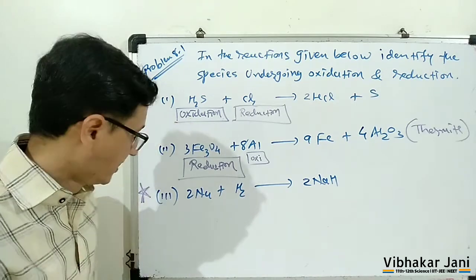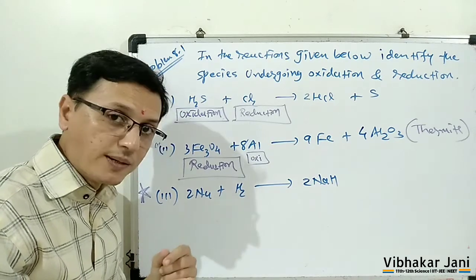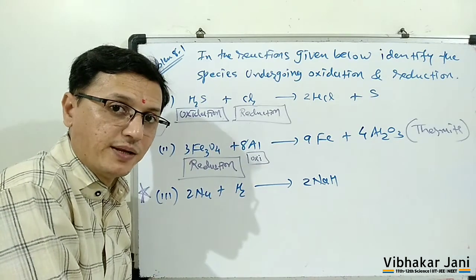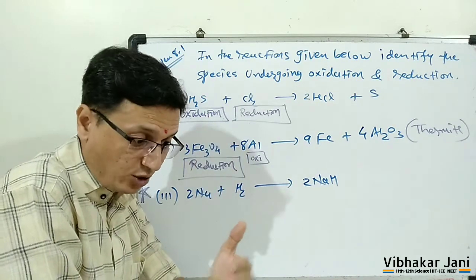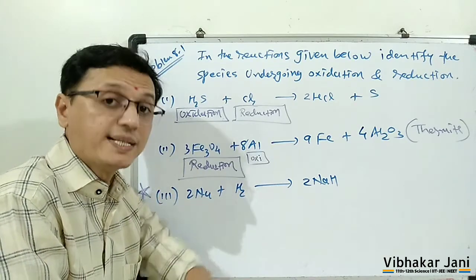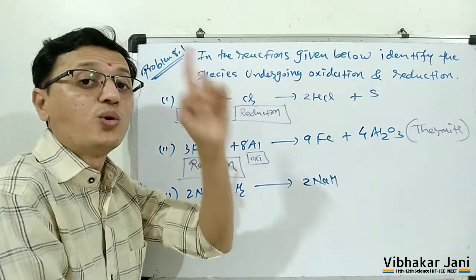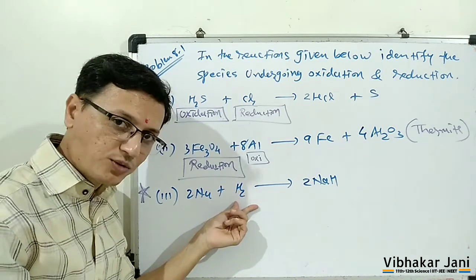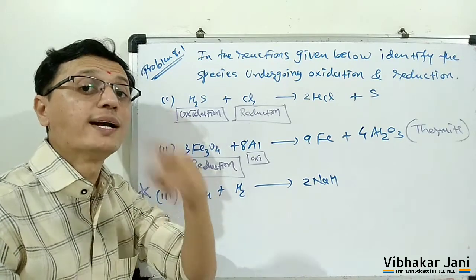Why? Because sodium is a metal, and hydrogen is having a disputed place in the periodic table. Third chapter. So hydrogen can act as an electronegative as well as an electropositive element. But when hydrogen comes to react with any metal, then hydrogen is always considered as an electronegative species.